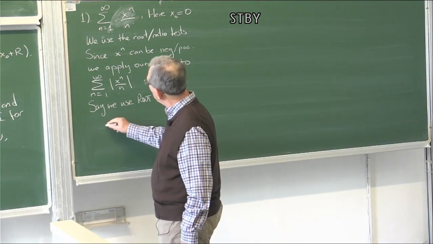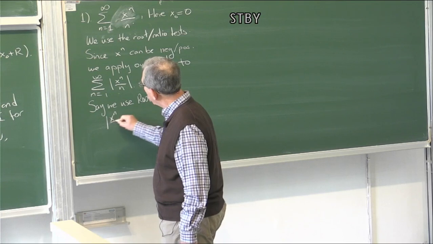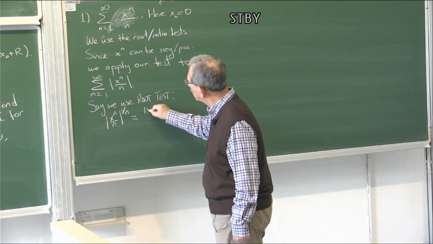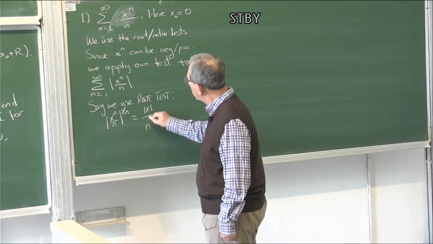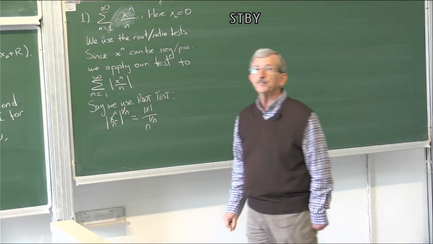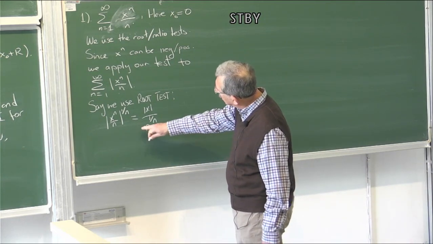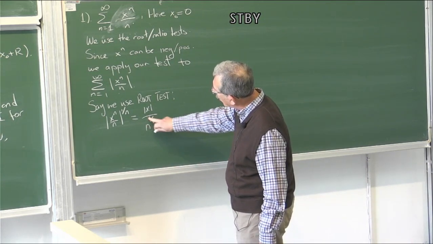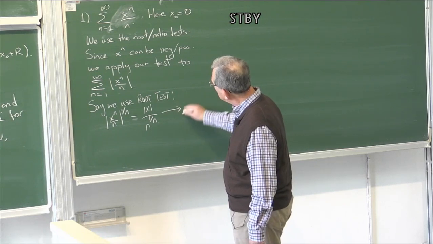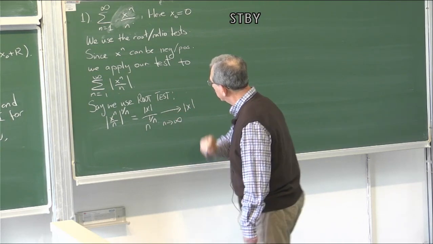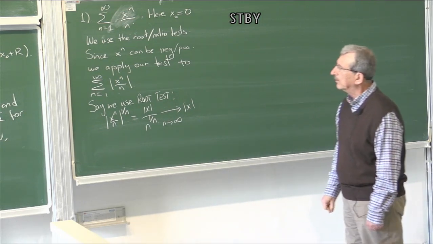So then, we have x to the n over n. We take the nth root. Well, this is absolute x divided by n to the 1 over n. Now, using L'Hopital's rule applied to x to the 1 over x, we see that this approaches absolute x when n goes to infinity.